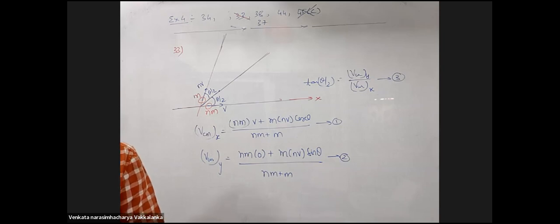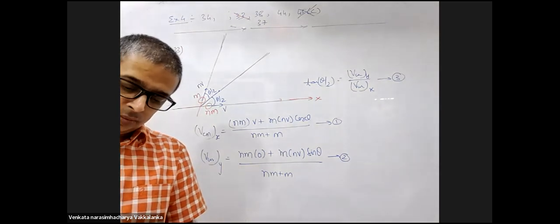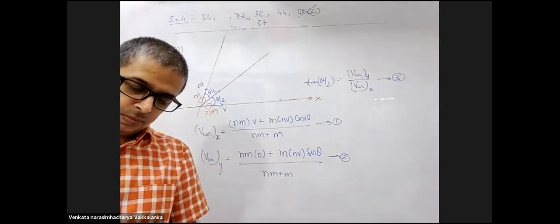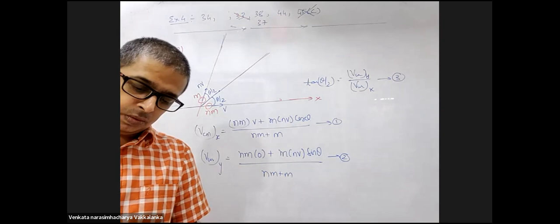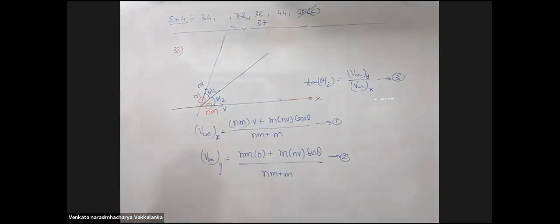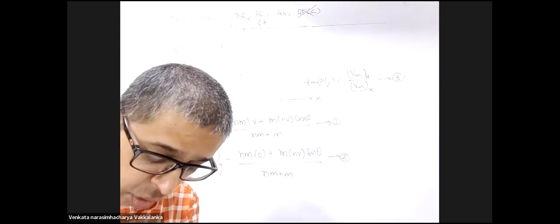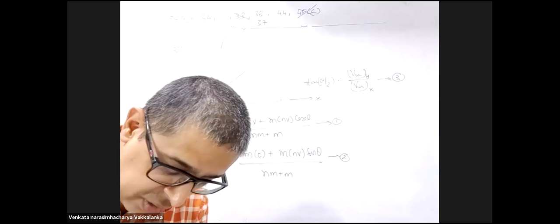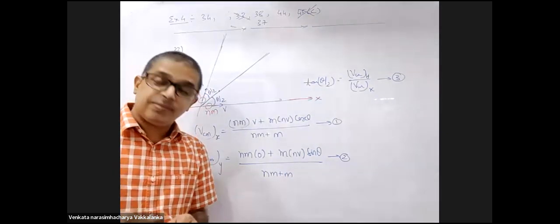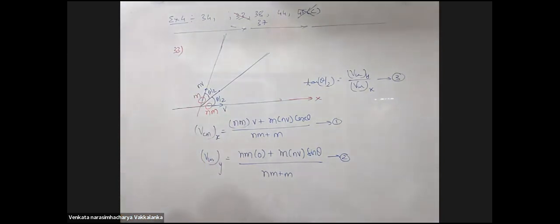Sir, we can directly take their velocities along the angle bisector, right? For the center of mass. It's much shorter and the answer matches. We just have to resolve it along the angle bisector. Yes, that is also valid. The reason being, he's already telling you that the center of mass is moving along that direction.